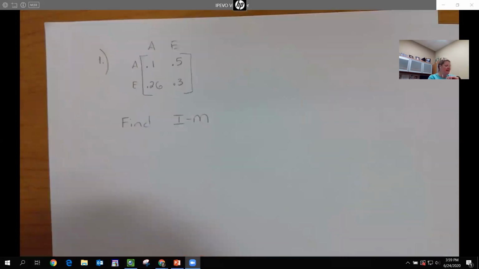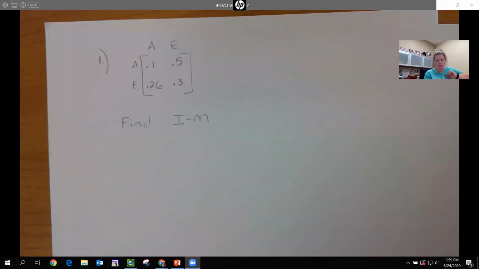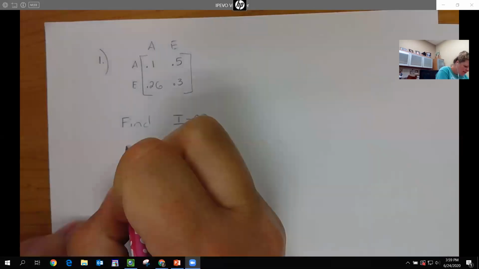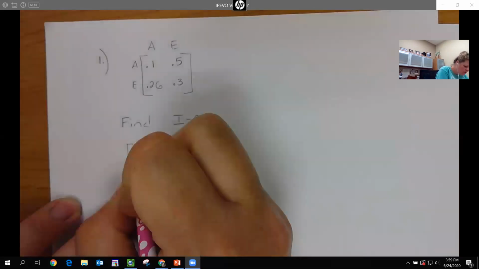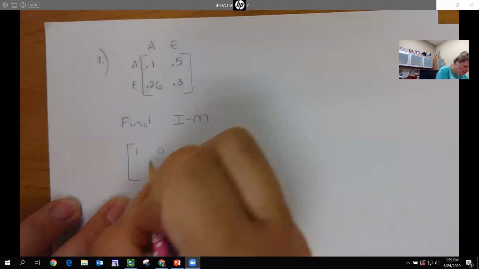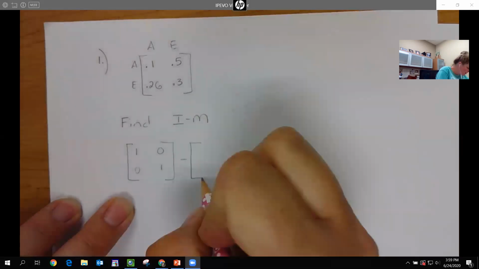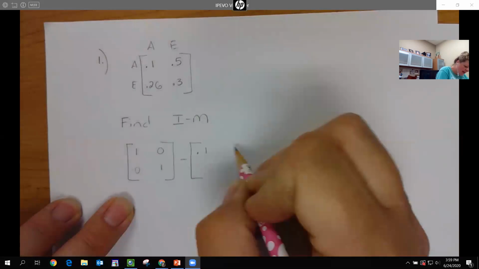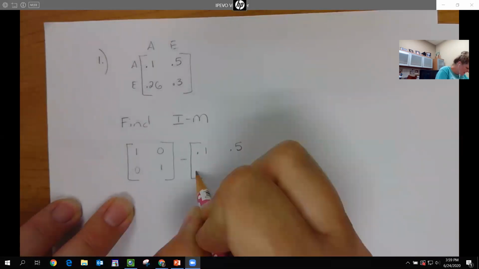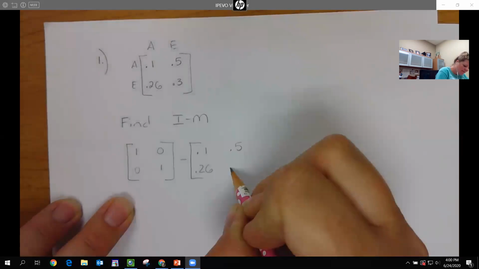The matrix, again, is called the technology matrix. We'll do one from a word problem as well. So we want to start with the identity. This is a 2 by 2, so our identity goes 1, 0, 0, 1. And we would like to subtract off what we were given, which was 0.1, 0.5, 0.26, and 0.3.